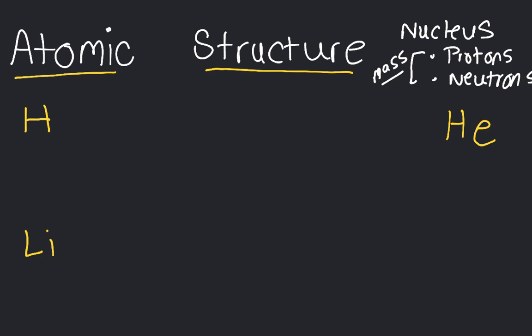If you look at the periodic table, you'll see that hydrogen has an atomic number of 1, and so it's got 1 proton. Protons are positive, so it's got 1 of those, P for proton, and it's got 0 neutrons. Let's call this the nucleus.